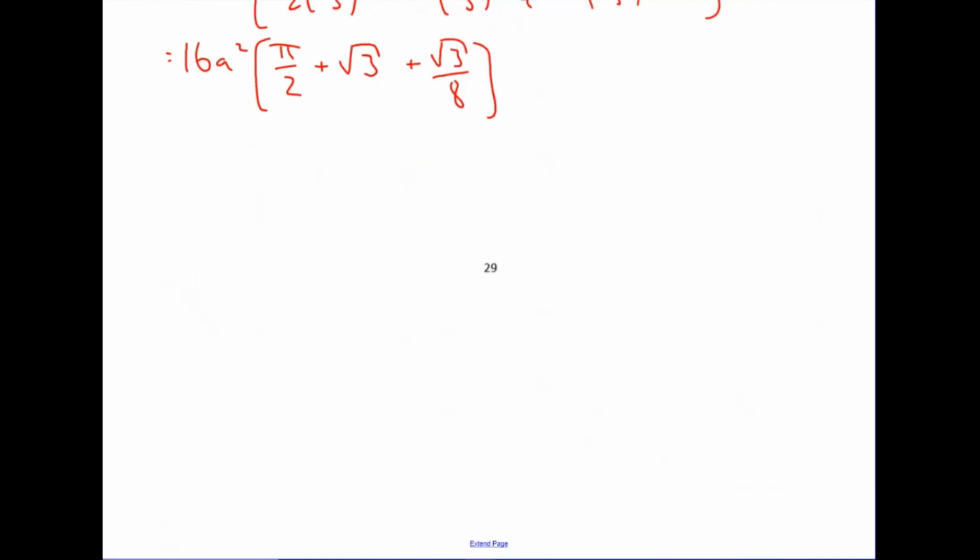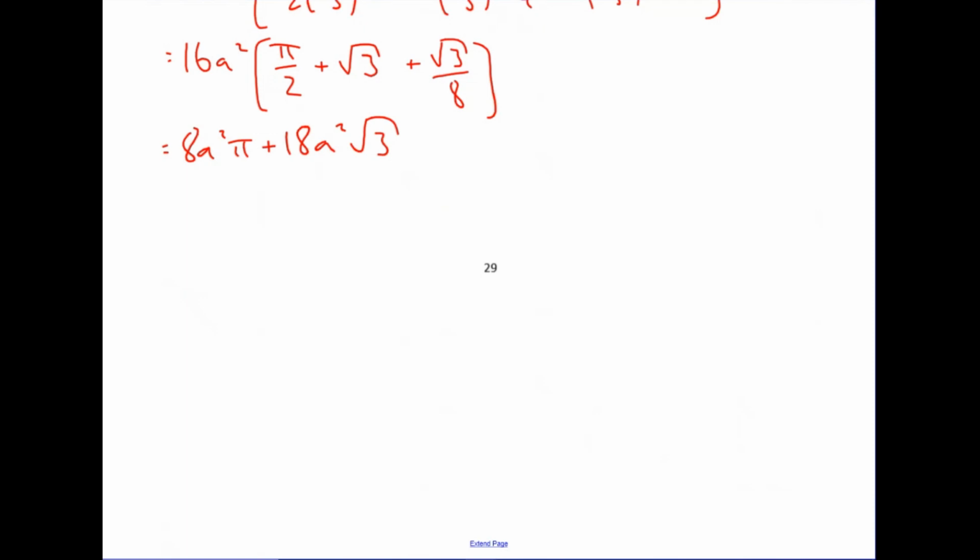And then let's expand this out. So 16 times pi over 2 is 8a squared pi. First term here, I will get 9 root 3 over 8 times the 16 gives me 18a squared root 3. Again, we haven't finished.